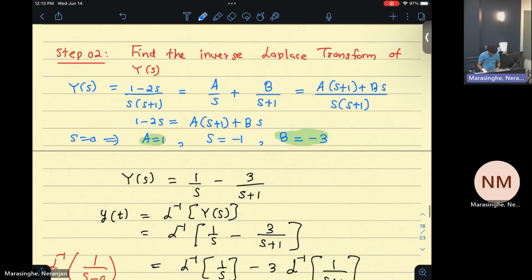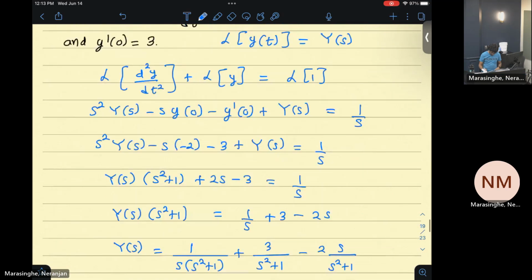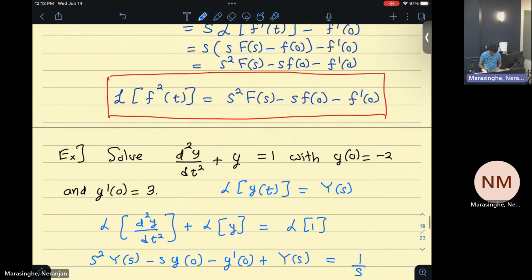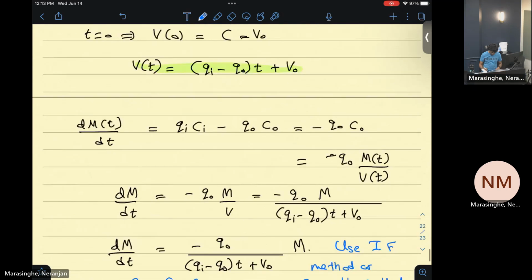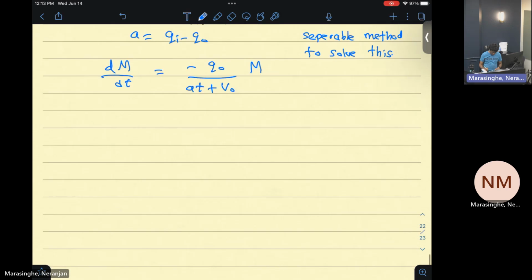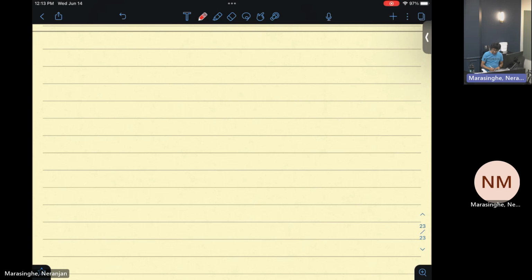So again, I would go through them first, right? The formula is important. So we discussed that suppose you have some function and you know the Laplace transform of that function. Suppose you have simple f(t), you know that its Laplace transform is going to be equal to F(s).